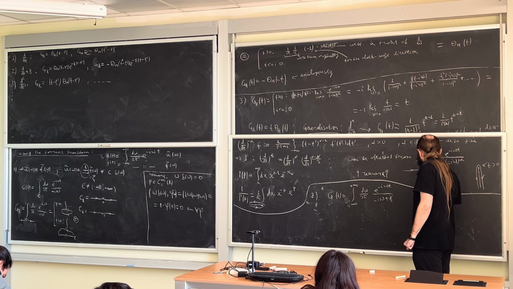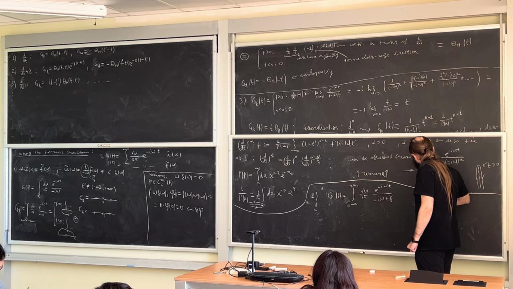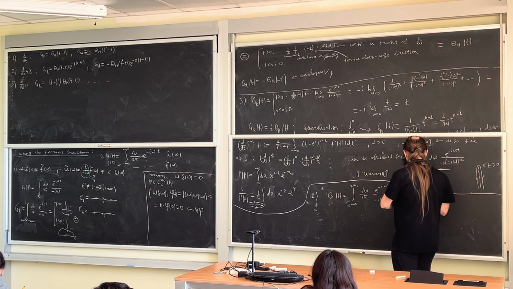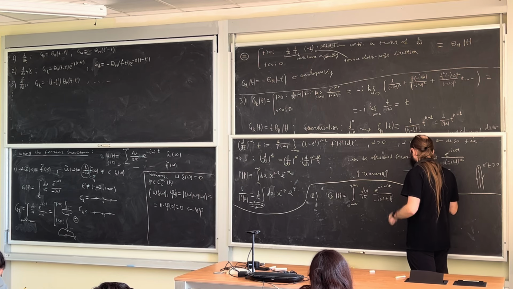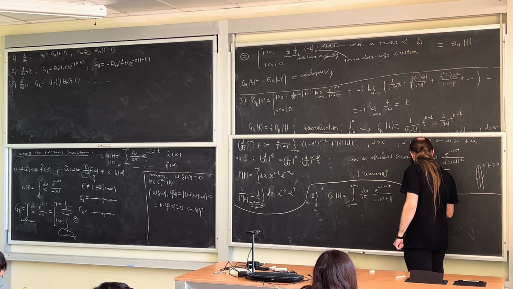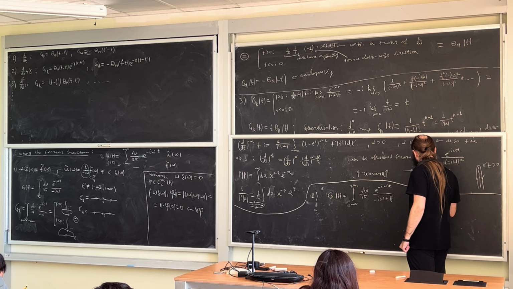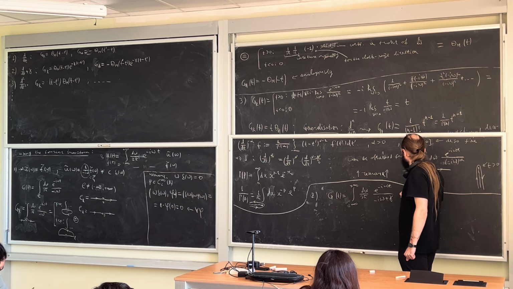The analytic structure looks like this, with minus a gamma, and there is no need to shift this contour further.